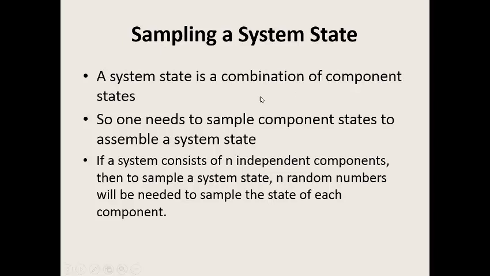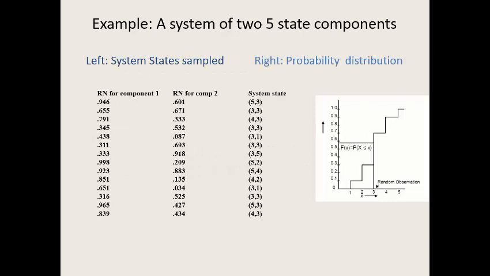An easier way, when the components are independent, is that you can sample the state of each component and then construct the system state. And we will show it in the next example.